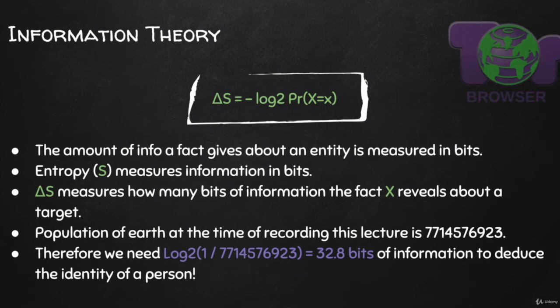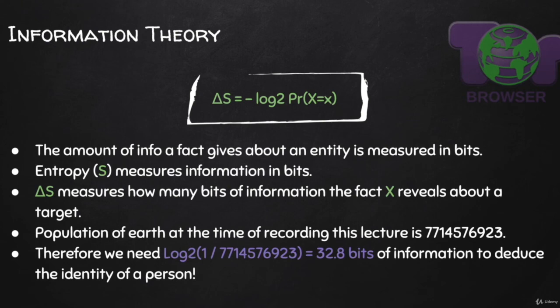So when searching for someone, we start adding the bits of information that we discover about them one by one, such as their language, their location, the browser they use, and so on. Once we get about 33 bits of information, identifying this person will become relatively easy.